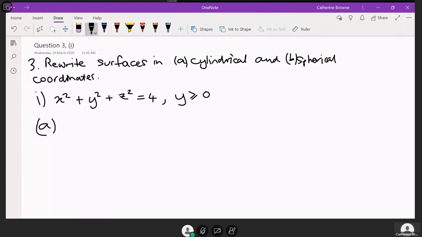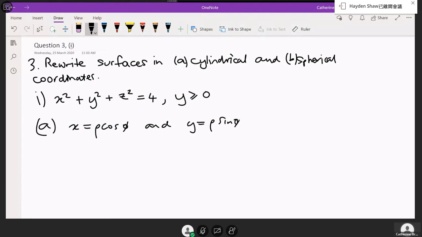In cylindrical coordinates, we have x equals rho cos phi, and y is equal to rho sine phi. So that's just formulas that relate the Cartesian coordinates and cylindrical coordinates.